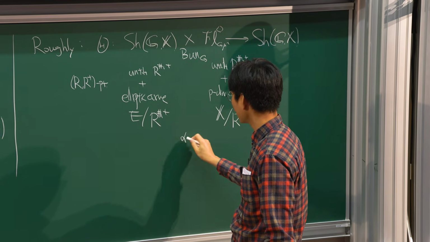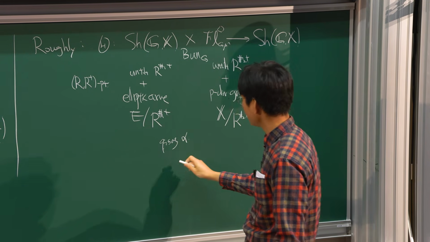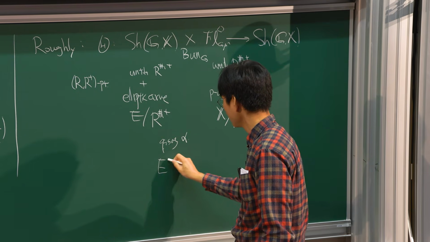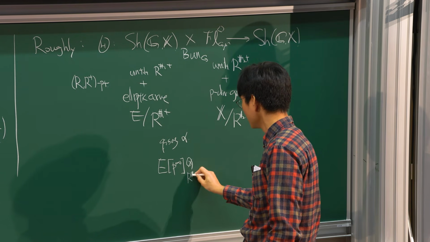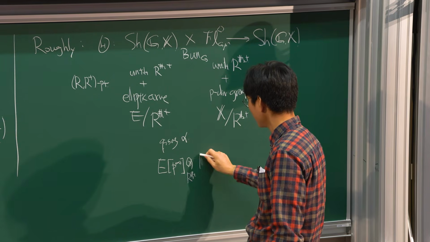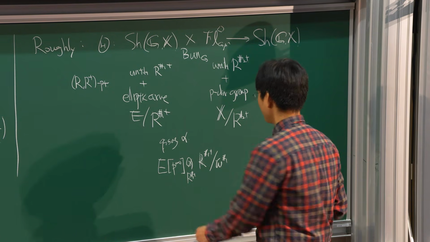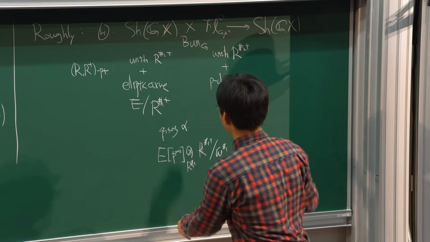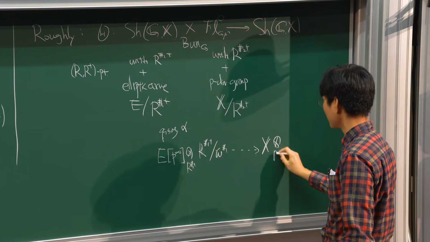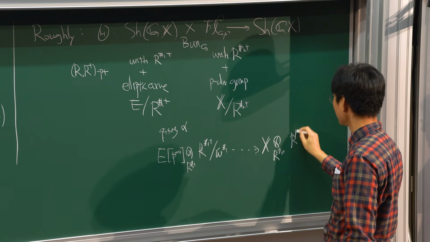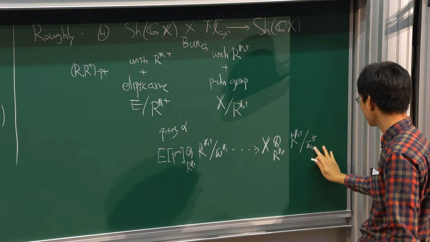What it's specifying is a quasi-isogeny alpha between E p infinity, base changed to R sharp 1 plus mod pi sharp 1, to X tensored over R sharp 2 plus with R sharp 2 plus mod pi sharp 2.